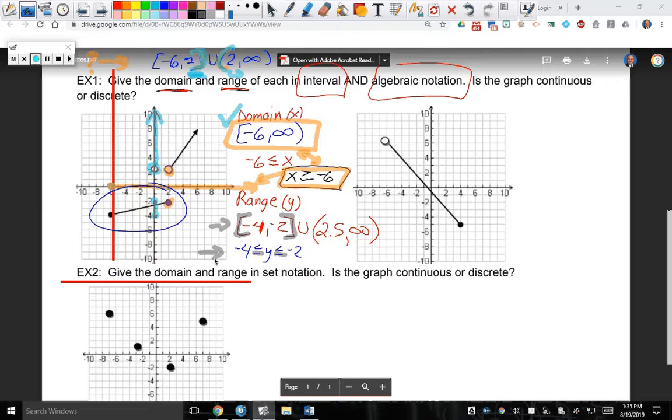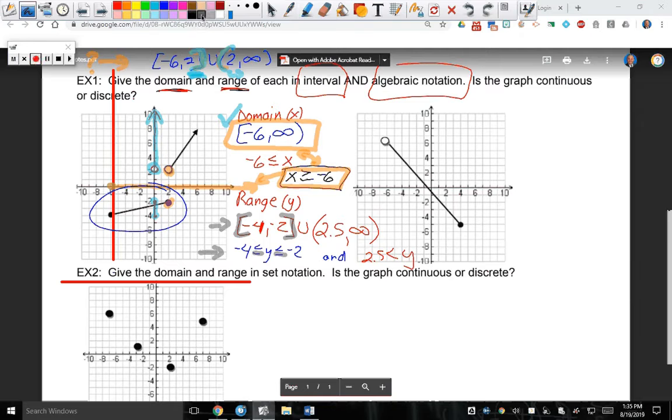Okay. And for this union, let's just put the word and. And now let's put from 2.5 and up. Okay? So, Aaron, how would I write this interval? 2.5 is less than or equal to y. Okay, so it's just going to be less than y, okay?